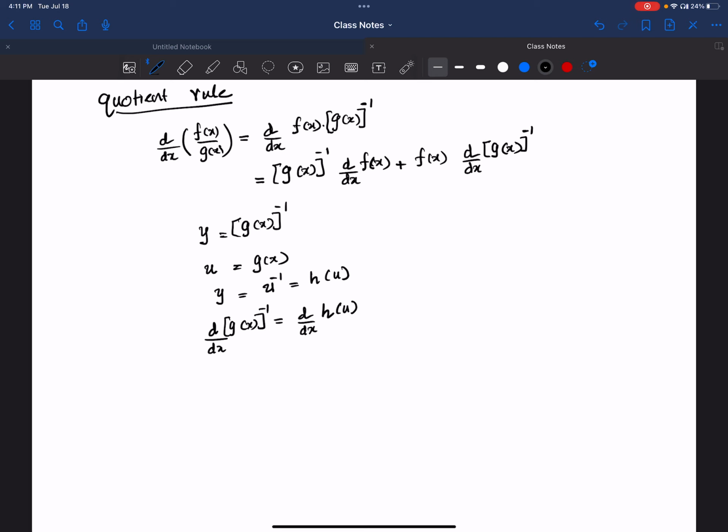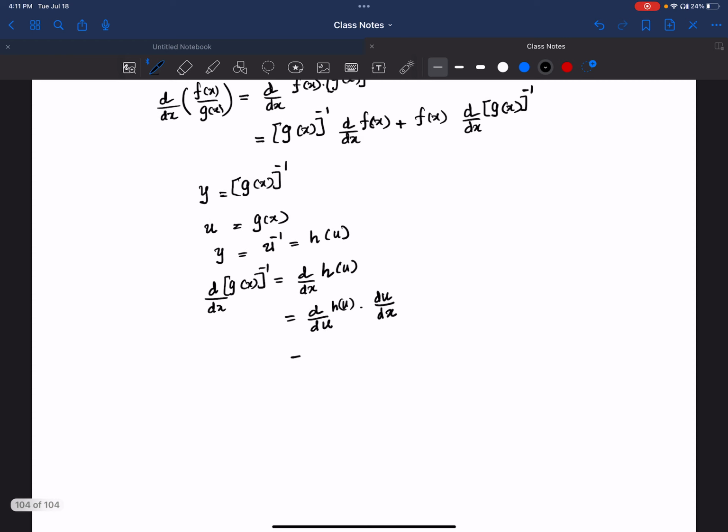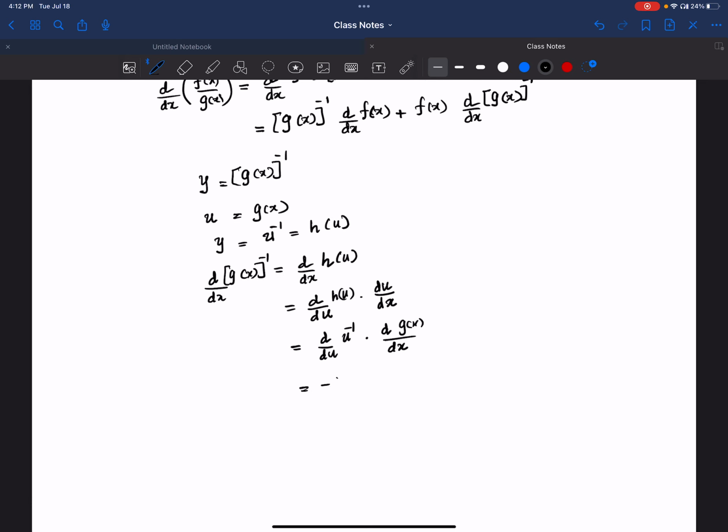So I have to use the chain rule here. That's going to be d over du of u to the power negative 1 times du over dx, where du over dx is dg of x over dx. So this is negative 1 times u to the power negative 1 minus 1, times dg of x over dx.